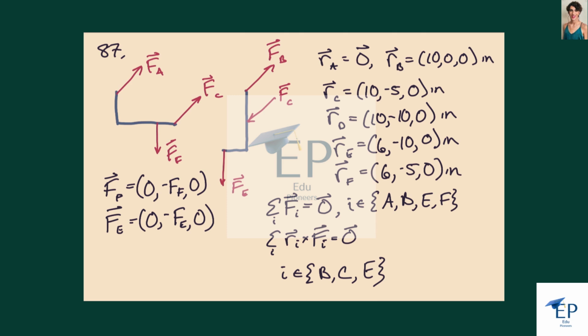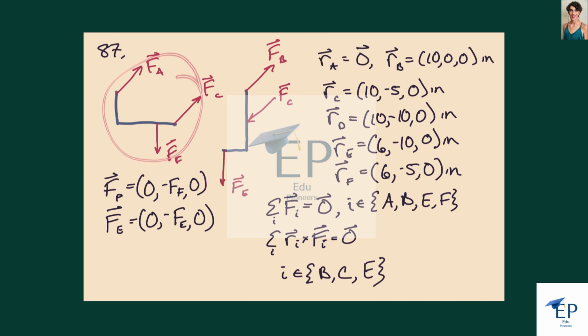And in the second set of equations, I used just this structure here. And so on that we have forces B, C, and E. And obviously C doesn't cancel out in this set of equations. So then we have another set of force and moment balances to keep this in equilibrium.